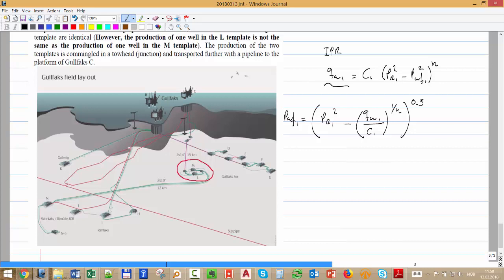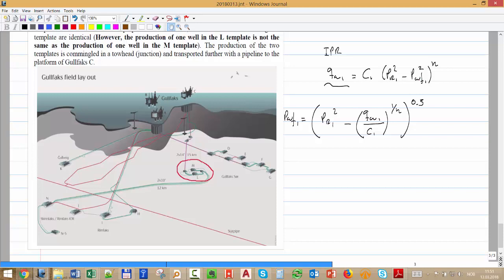So what will be another way that I can make the solving process more user friendly for an automated process? I can just assume pressure, right? If I assume pressure, I know that this pressure is bounded. I know the bounds of that pressure. They go from reservoir pressure all the way to zero, for example.